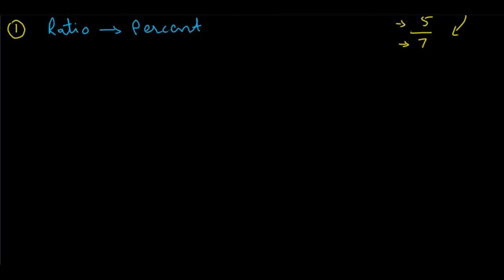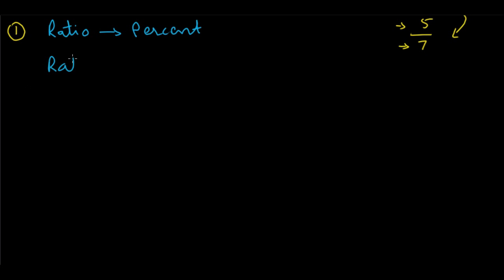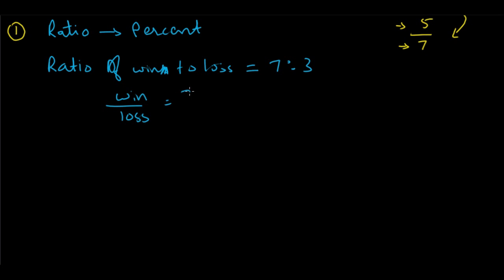Let's say there's a cricket team and the ratio of wins to losses is 7 to 3. So for every 7 games that this team wins, they also lose 3. In fraction terms, this would be win over loss, just 7/3.